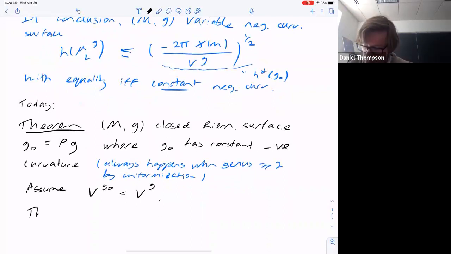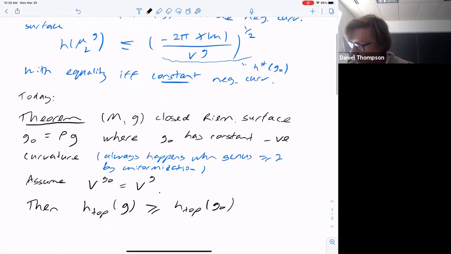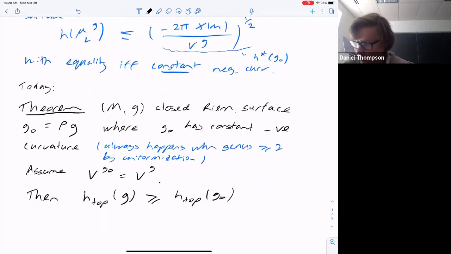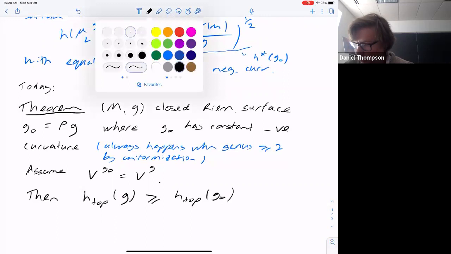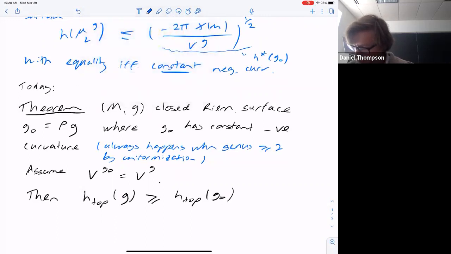Okay, then the topological entropy of G is greater than or equal to the topological entropy of G0, and of course this one equals that same thing I got up there, minus 2 pi chi over the square root of V, where V is the area of G, equal to the area of G0.